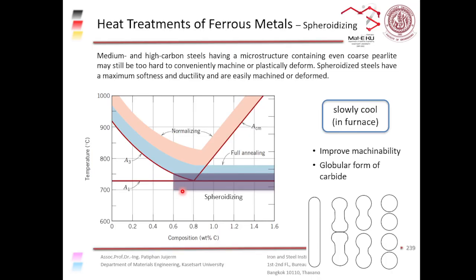Usually around 700 degrees Celsius, not less than that, about 710, 700 degrees Celsius. You heat it up at this temperature and you leave it for 24 hours. You supply energy in the form of heating, and then you supply the time for the cementite plates to break down into spheroids.